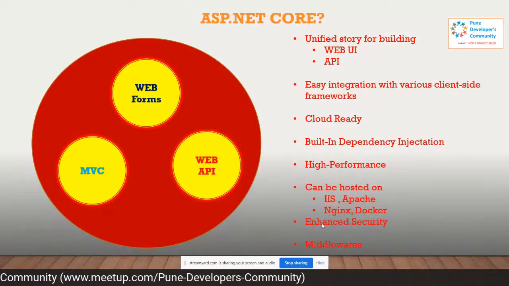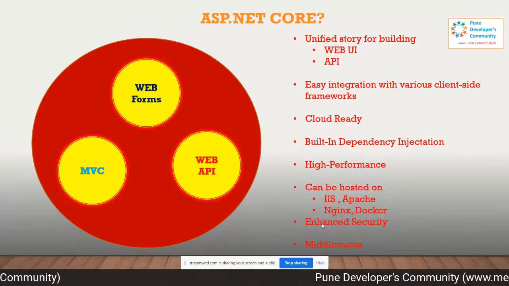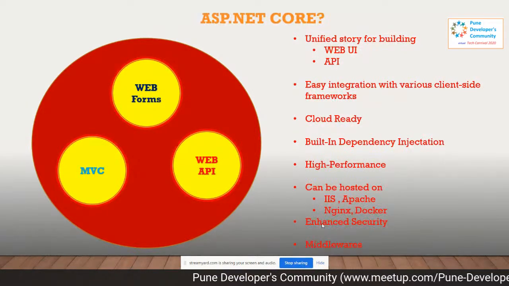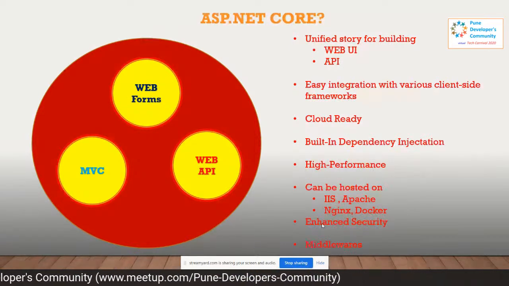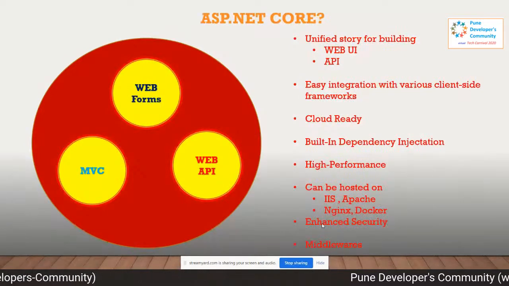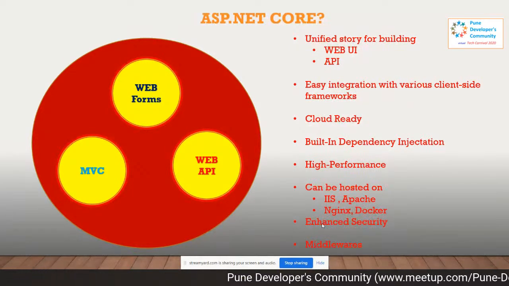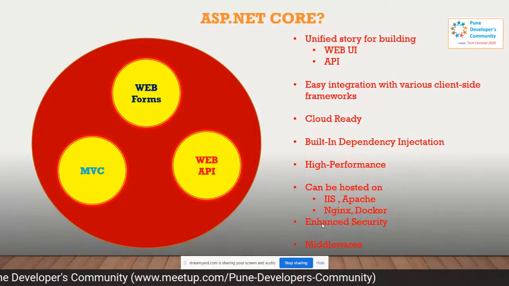It should locate the controller. It should locate the action. It should locate the page. Prior to that, it should also take care of security, right? Authentication and authorization. So now the question is how you are going to manage this or work with it.